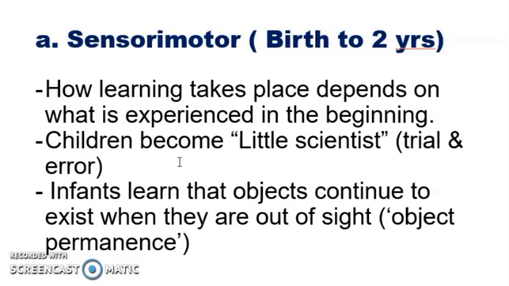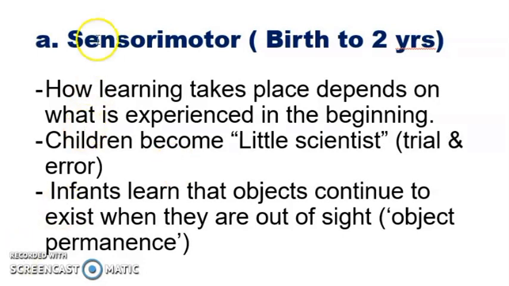Okay? So, pwede nilang pukpukin yun, itama sa semento, kung ano ba mangyari, ikakalog nila. Okay? Shake nila, papakinggan nila, titignan nila. Okay? So, there are many possible scenarios. But that sense falls under the trial and error method.